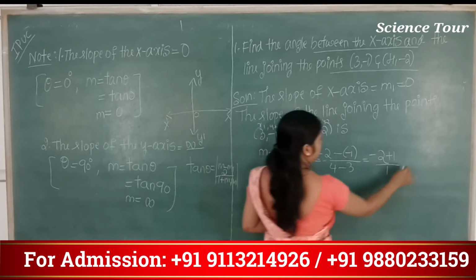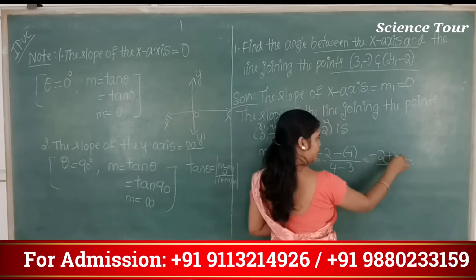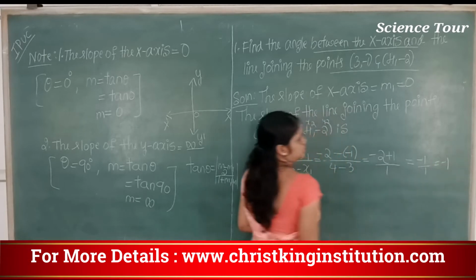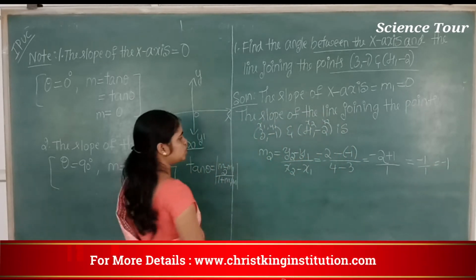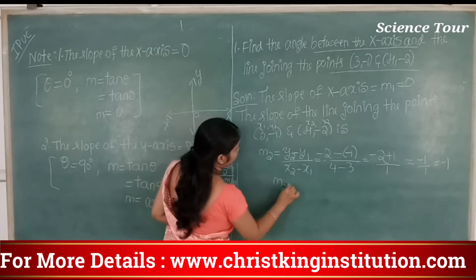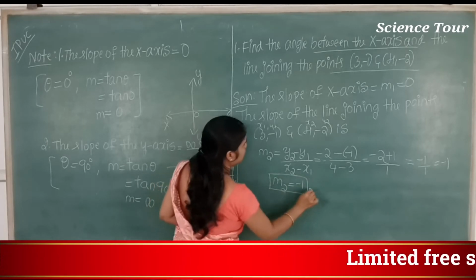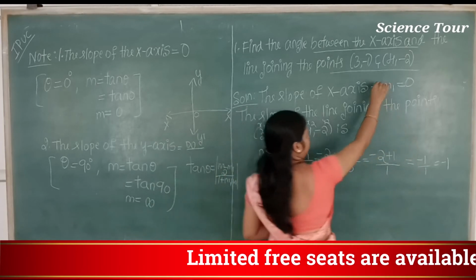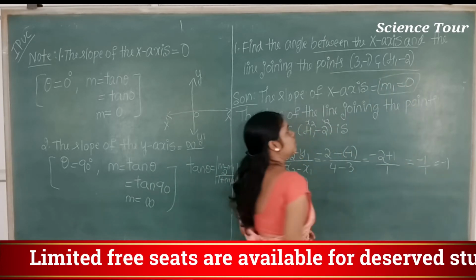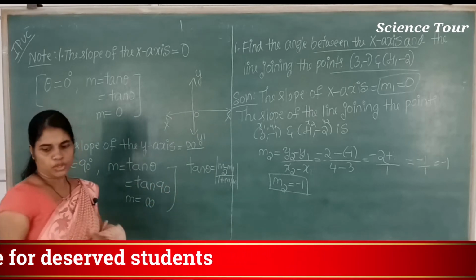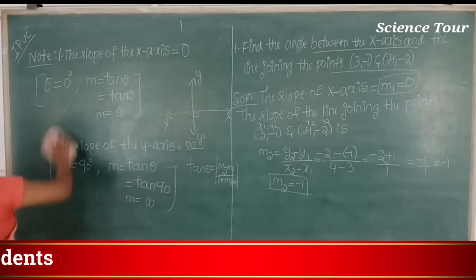Therefore this is equal to minus 2 plus 1, which is minus 1. So minus 1 by 1 is minus 1. Therefore, what is the value of m2? m2 is given by minus 1 and m1 is given by 0. Now, can I use the tan theta formula? Now I'll take that formula.